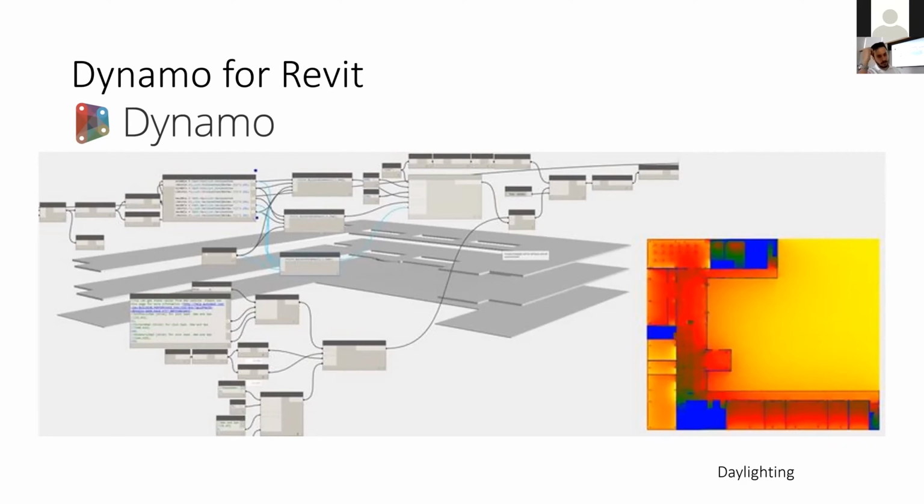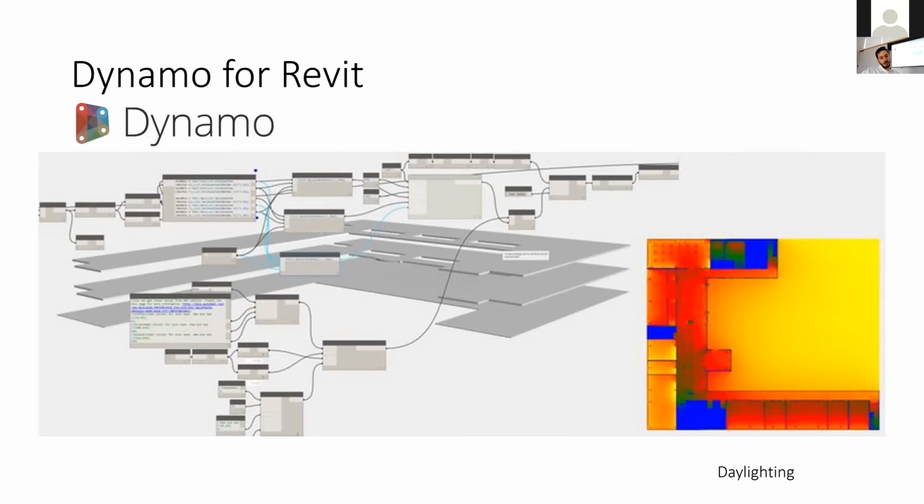And throughout the last years, we've seen Dynamo being used as a passive design or passive analysis tool for things like daylighting and solar radiation and some of the basic passive design techniques.